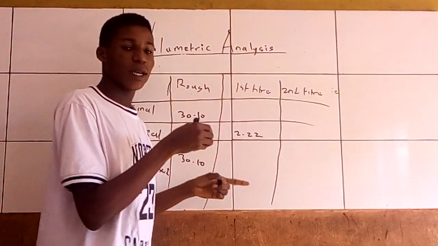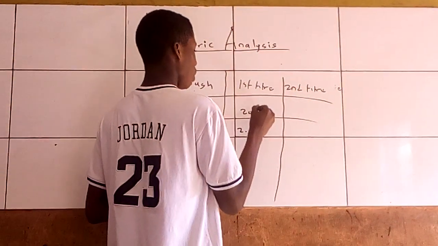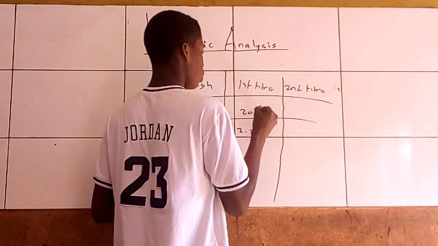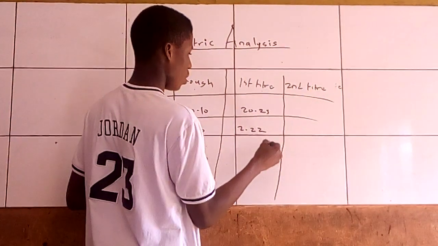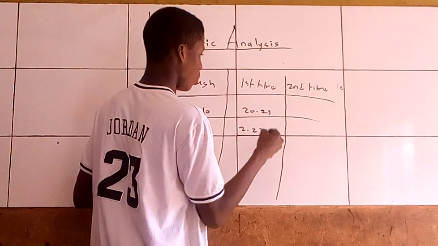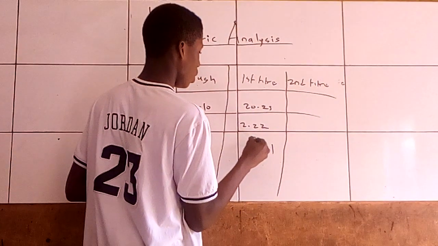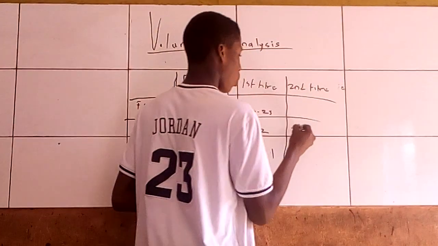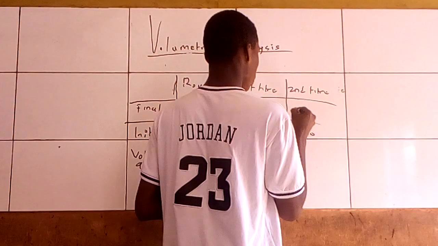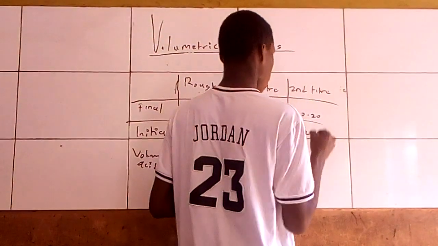Then we start to release, and observe the color change at 20.23. Then we subtract. Let's say we refill it again to 2.20. Then we observe the color change at 20.20.